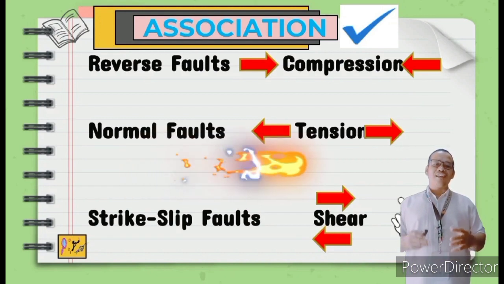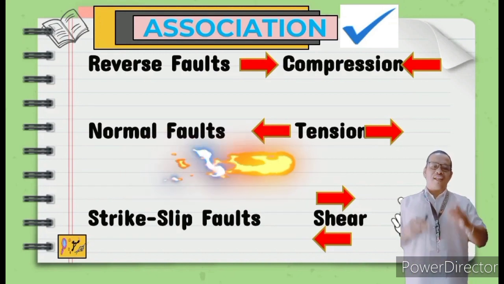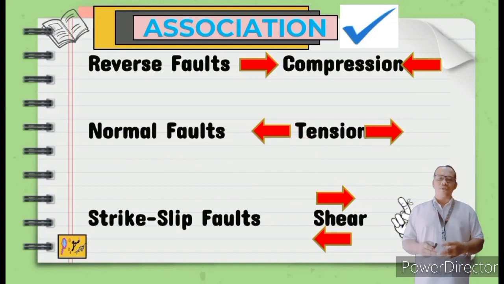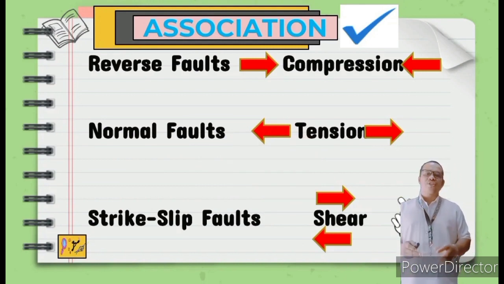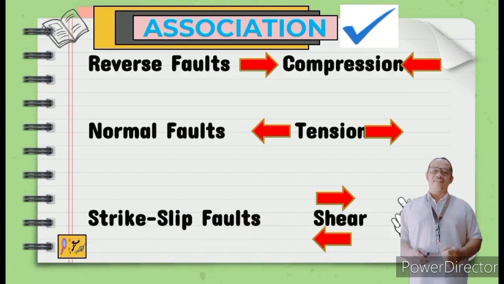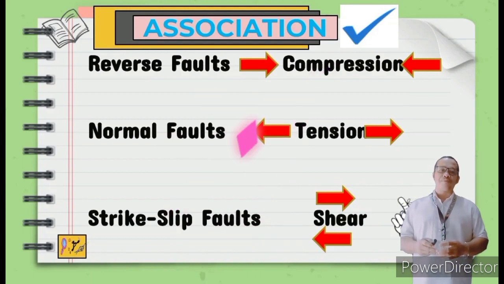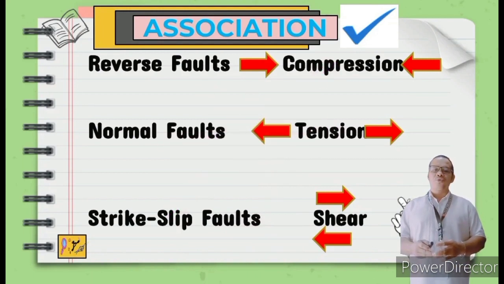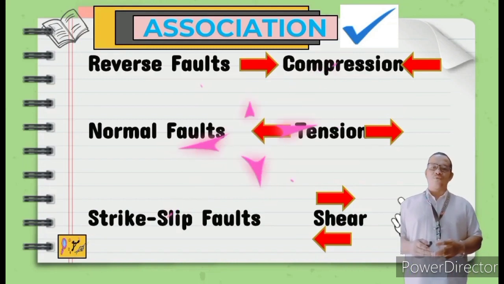Look at the direction of the arrows. And the last one, strike-slip fault, is associated with shear stress. Remember the three types of stress together with their associated faults.